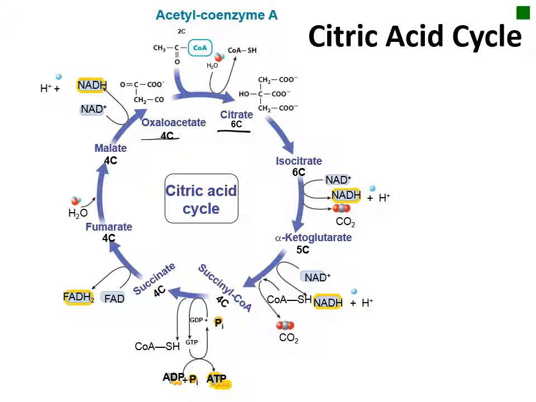In the process, 2 molecules of carbon dioxide are released, along with 3 molecules of NADH and 1 molecule of FADH2. There is also 1 molecule of ATP produced through the process.